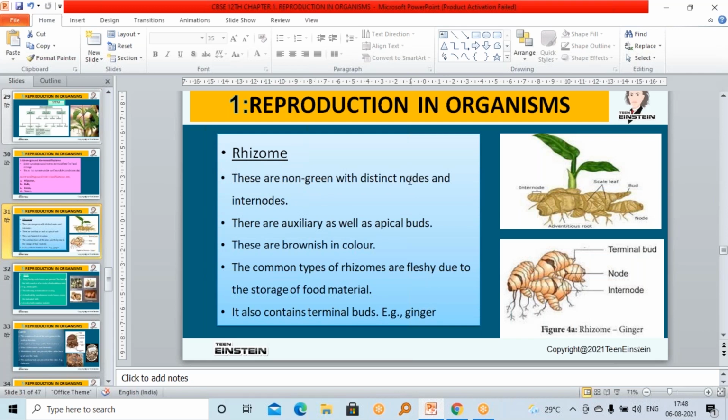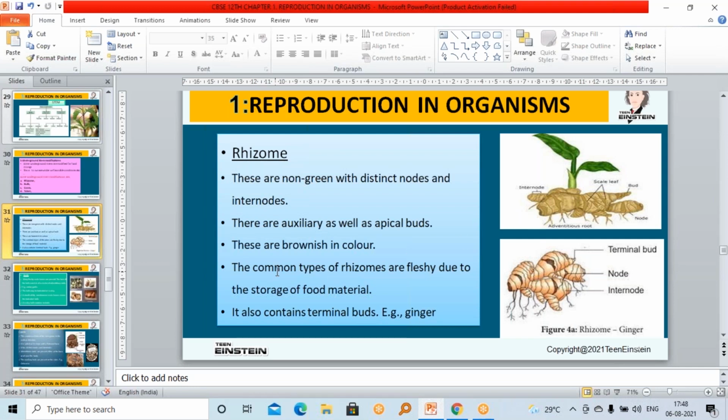Apart from that, the rhizome that grows obliquely is called rootstock rhizome. For example, banana. And the rhizome that grows horizontally is called straggling rhizome. Horizontally growing rhizomes are called straggling rhizome. For that, ginger is the example. Ginger, turmeric and all come under that type.